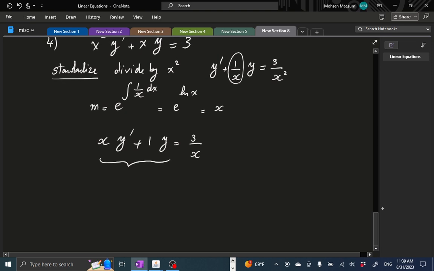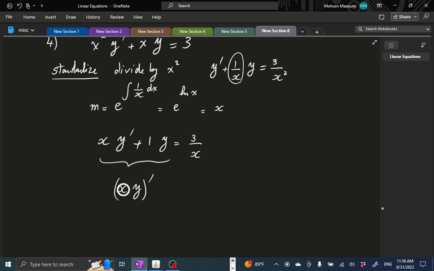Let's see. What is that? That's the derivative of what? That's the derivative of x times y. Because x times the derivative of the other fellow plus the derivative of x, which is 1, times the second element, that's y. So I wrote the product rule in a slightly different order than before, but it doesn't change anything.